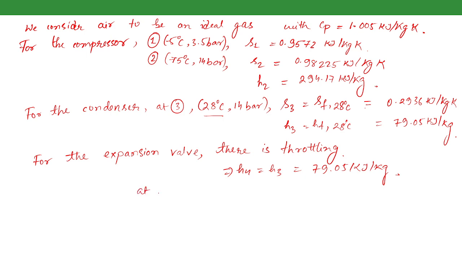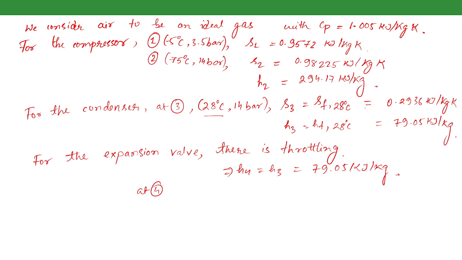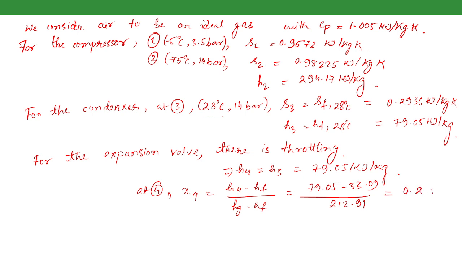Now at 4 it will essentially be a mixed state. So at 4, X4 can be written as H4 minus HF corresponding to a saturation pressure of 3.5 bar, over Hg minus Hf. Okay, so 79.05 minus 33.09, and this is HFG, this is 212.91. So this value comes out to be 0.216.